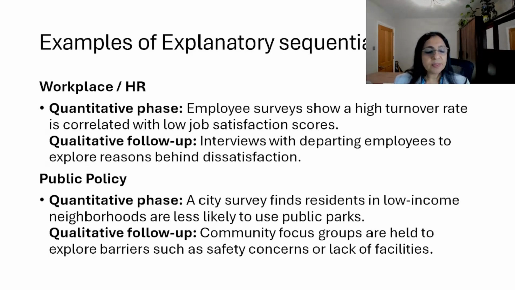So another example from public policy, quantitative phase, a city survey finds residents in low-income neighborhoods are less likely to use public parks. Qualitative follow-up, community focus groups are held to explore barriers such as safety concerns or lack of facilities.